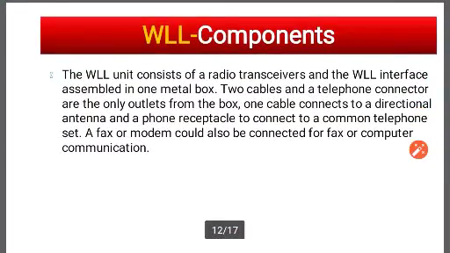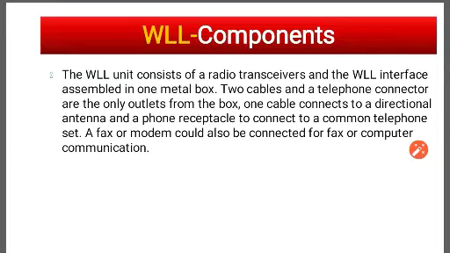Now, let us see what it consists of. The WLL unit consists of radio transceivers and WLL interface assembled in one metal box. There are two cables and a telephone connector, which is the only outlet from the box.